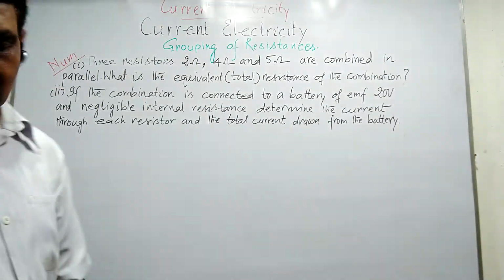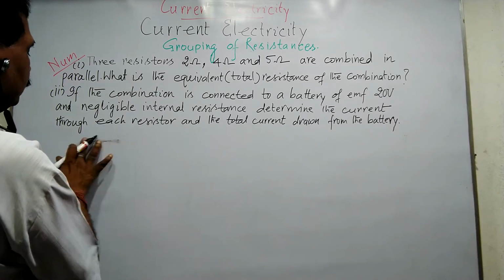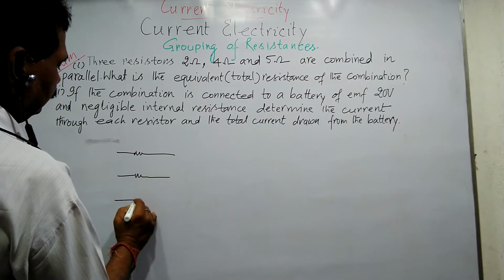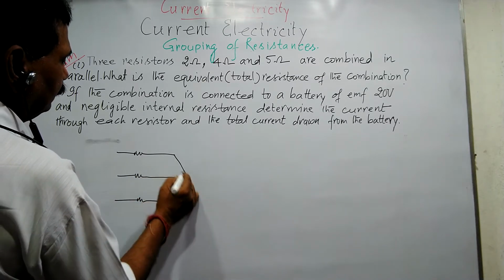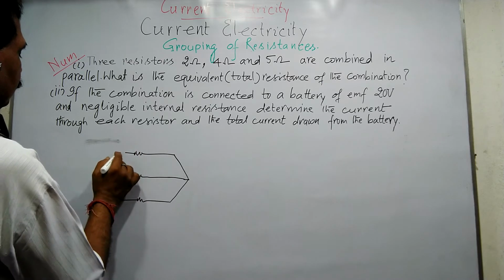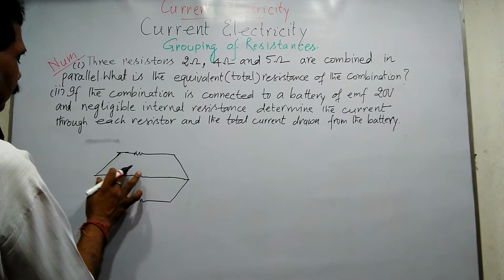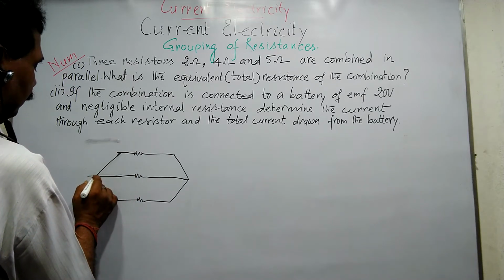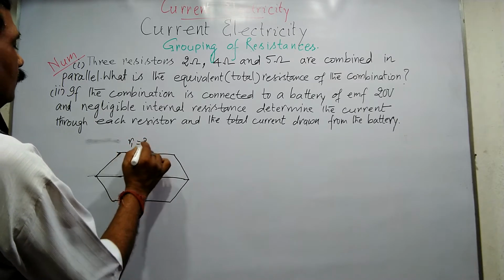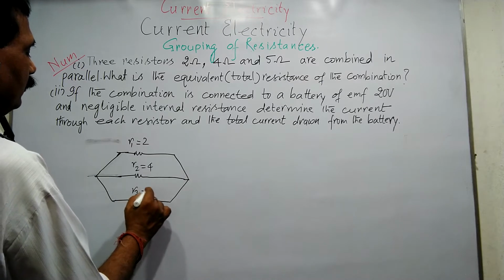What will it be? Already we have, first let us look at the circuit. Here there are three resistances connected in parallel. These are connected in parallel. Value of this one is R1 equal to 2, R2 equal to 4 and R3 equal to 5.